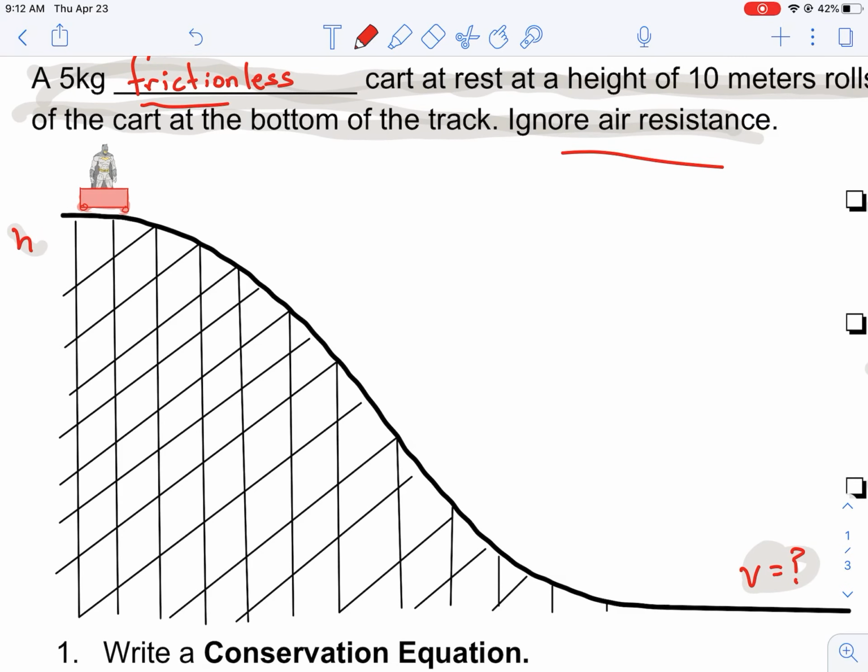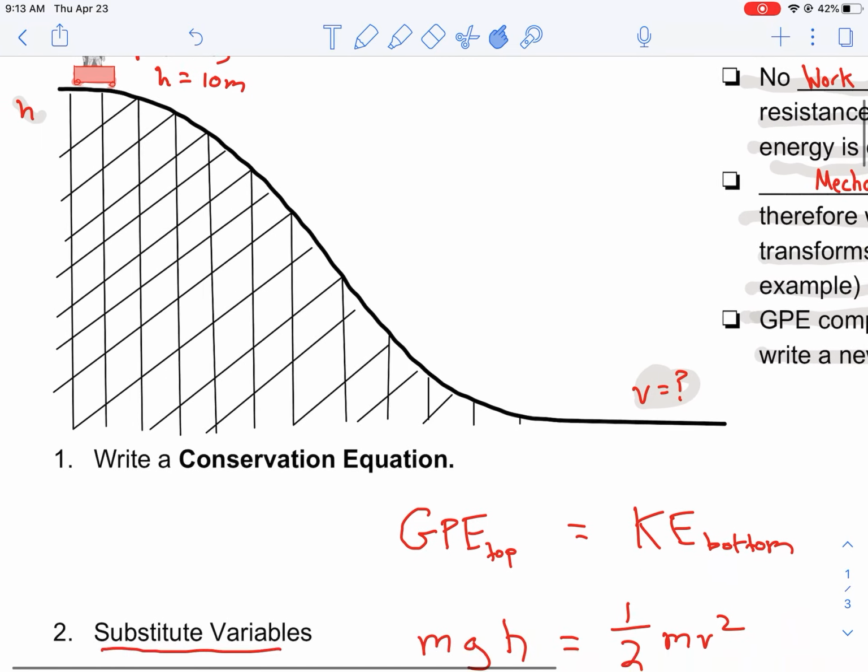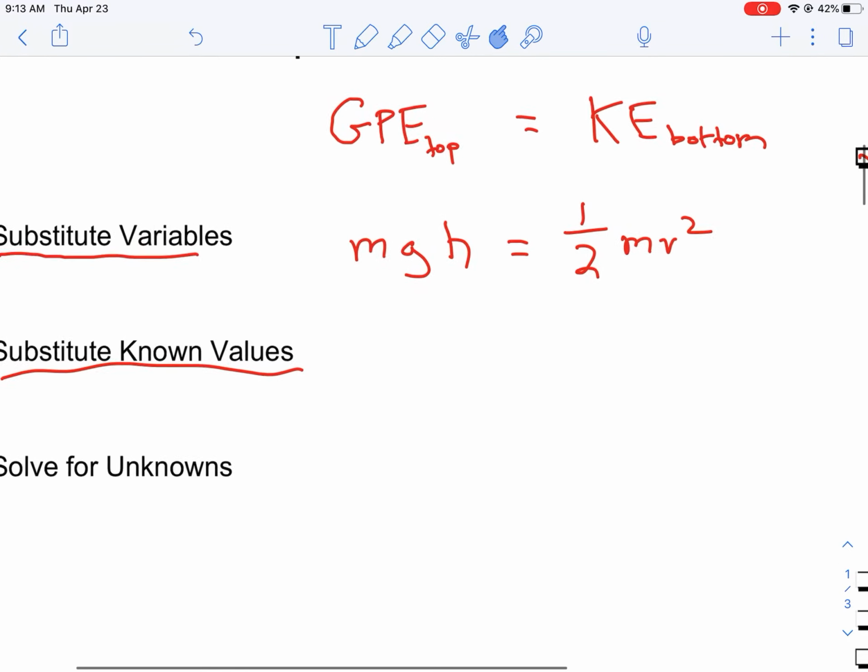Values are the numbers that we know. So what numbers do we know? We know that the mass of the cart, m, equals 5 kilograms. We know that the height of the cart up here is 10 meters. And Batman here, okay, I can't select him. Whatever, don't need to. You can imagine him rolling down this track.